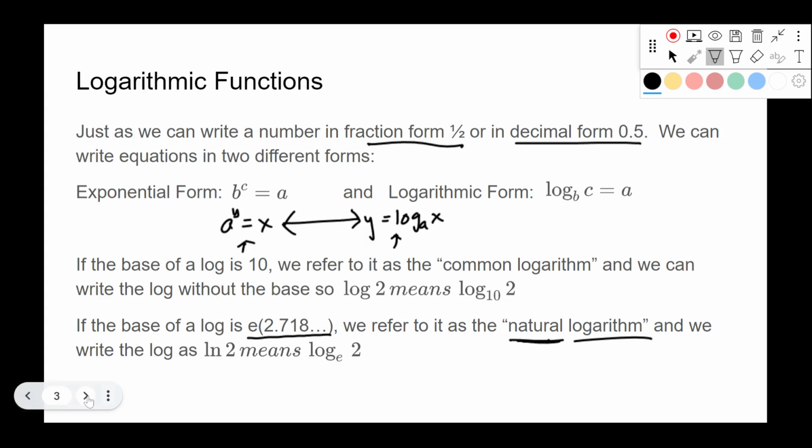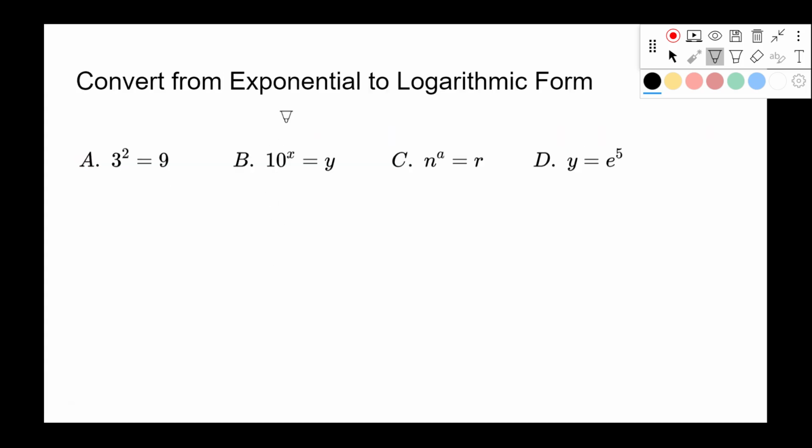Okay? All right, so let's see what we can do. Let's start by converting from exponential to log form. So right now, this is in exponential form. I want to write it in log form. So a to the y is equal to x will become log of x with base a is equal to y.